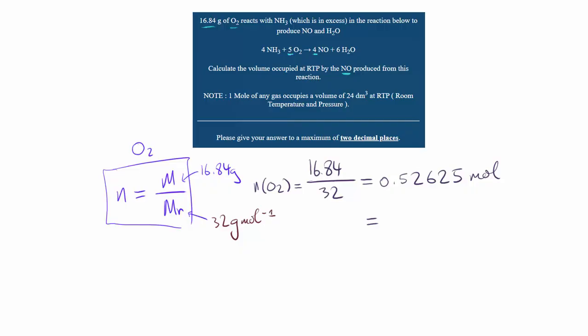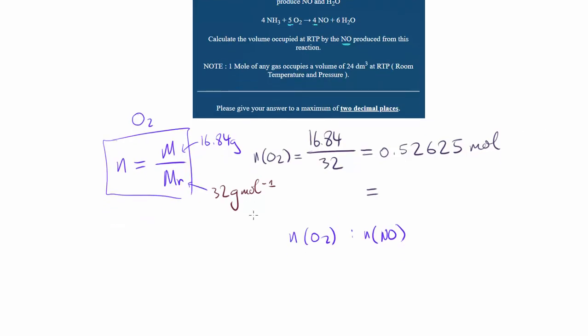I'm going to set this up as a ratio of the number of moles of oxygen to the number of moles of NO. The equation tells us that for every 5 moles of oxygen, we're going to have 4 moles of nitric oxide.